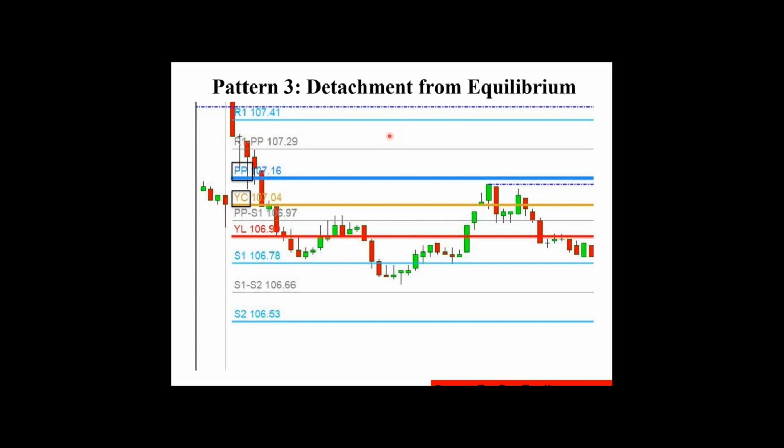So detachment from equilibrium, here are the two primary tools we're using here. Pivot point, or central pivot, it's sometimes called, and yesterday's close. So these are two different calculations of equilibrium in the market. Think of it this way, yesterday's close, what does that mean?